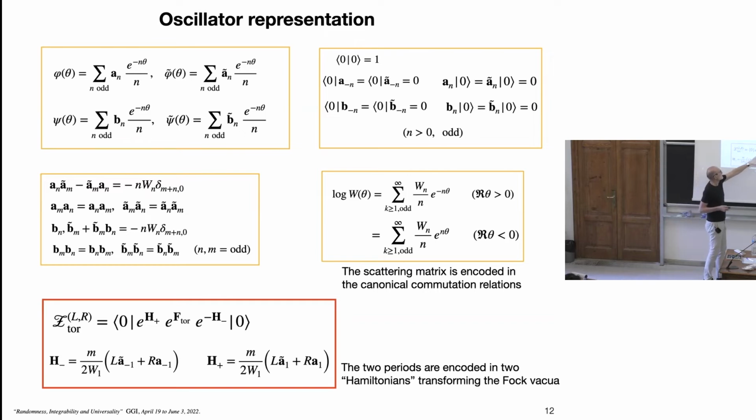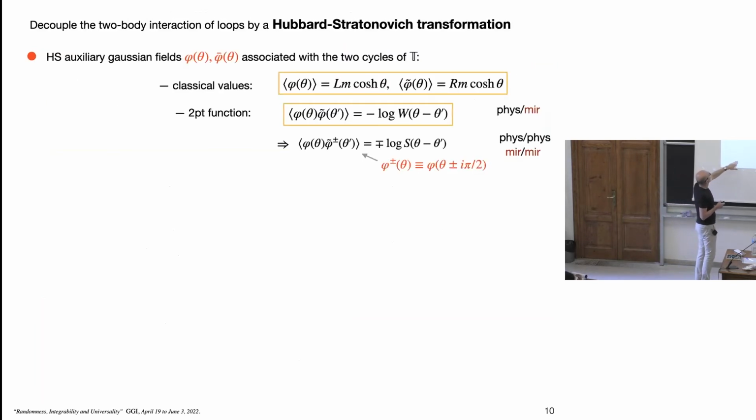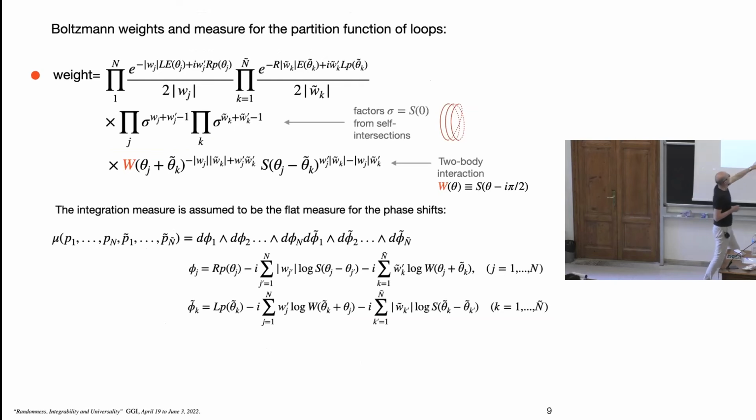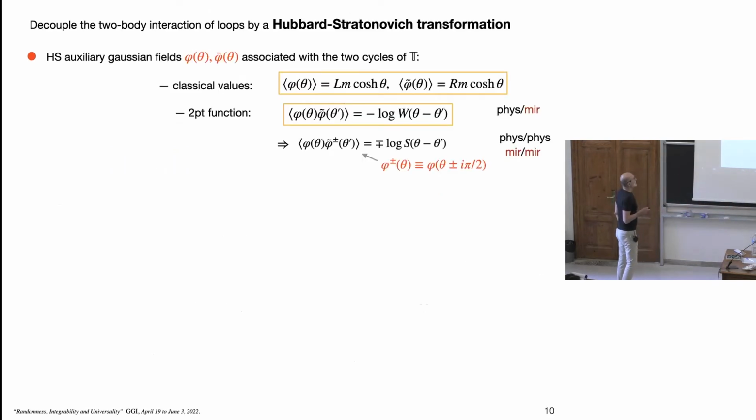So this is the interaction potential, and these evolution operators here, which change the Fock vacuum, introduce the expectation values of the auxiliary field we had. Yes, this one and this one.